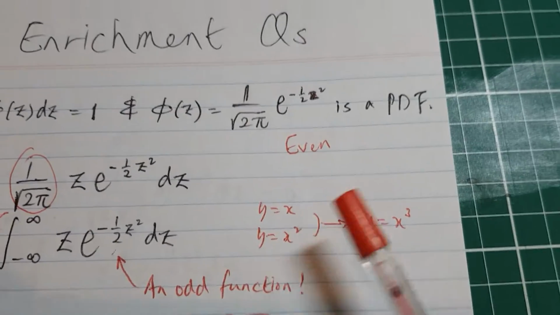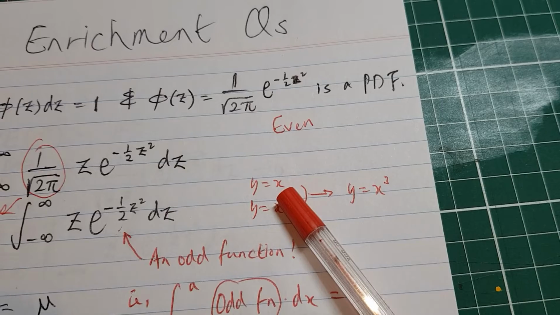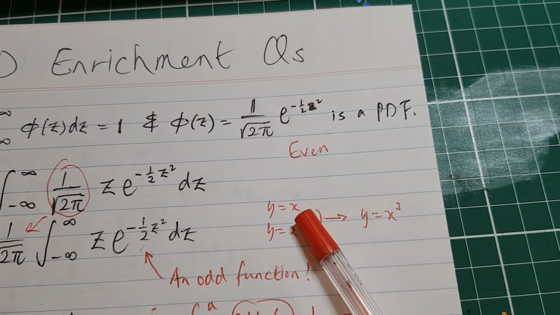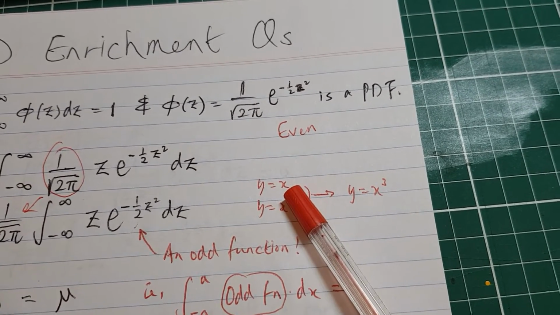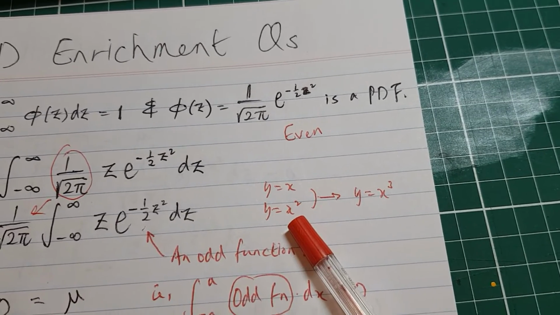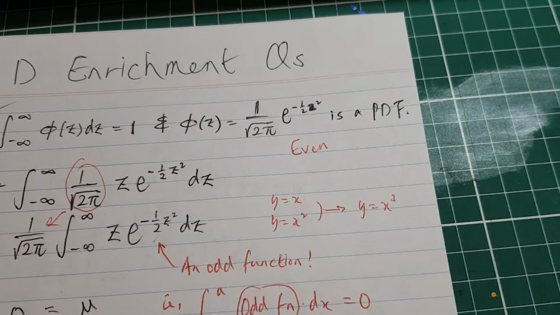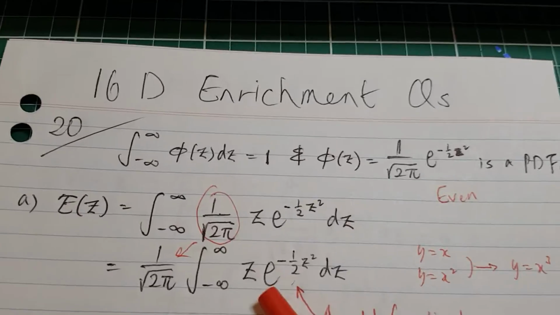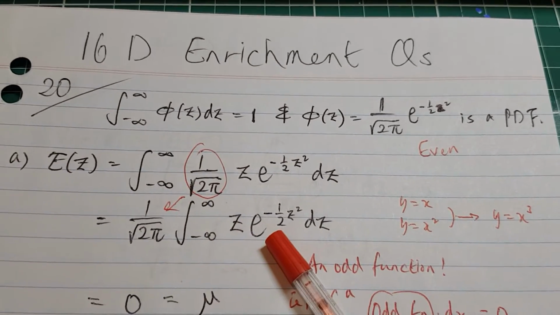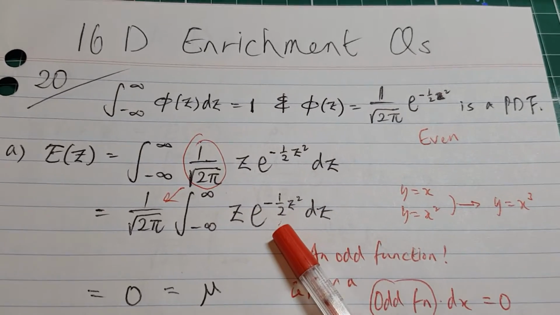Here's an example, a quick proof, not a formal proof. Just see here, y equals x is a typical example of an odd function. Y equals x squared is a typical example of an even function. Multiply those two, you get y equals x cubed, and we all know that it's an odd function. So we know for sure that this integrand is an odd function.